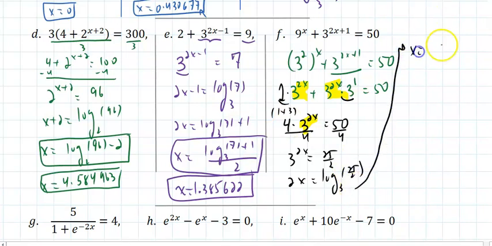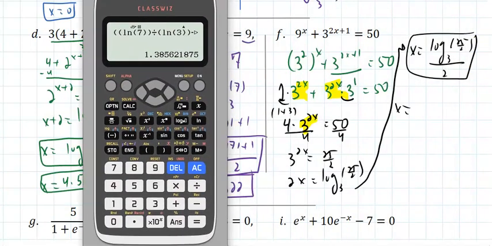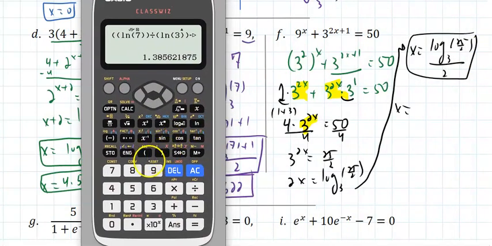And x would be log base 3 of 25 divided by 2 all over 2. That's the exact answer. If I throw this in my calculator, I'm looking at parentheses natural log of 25 divided by 2, or 12.5, it's up to you. I need one more parentheses.